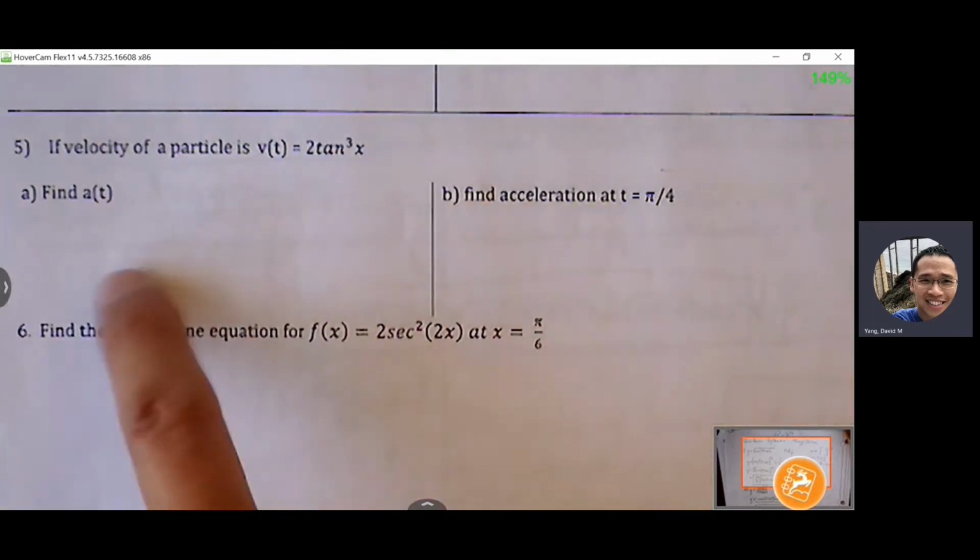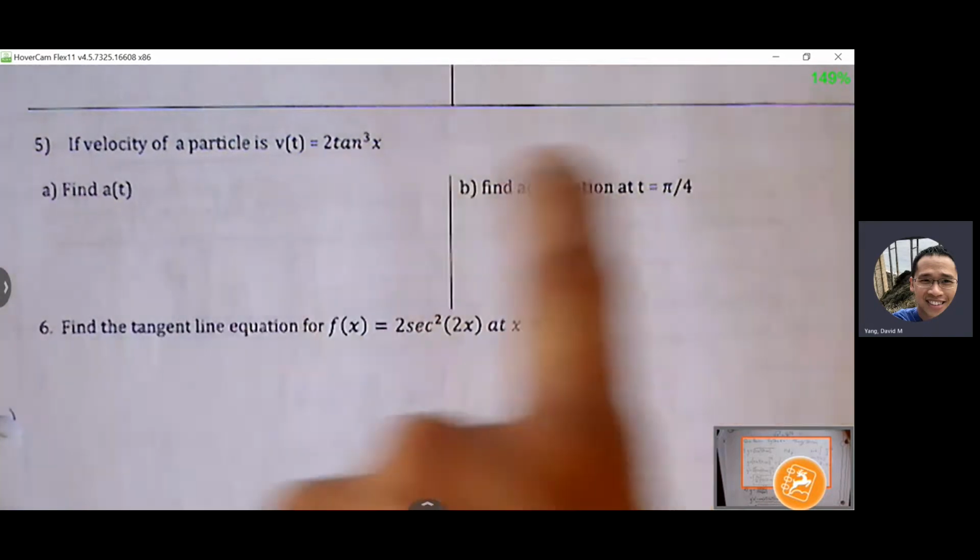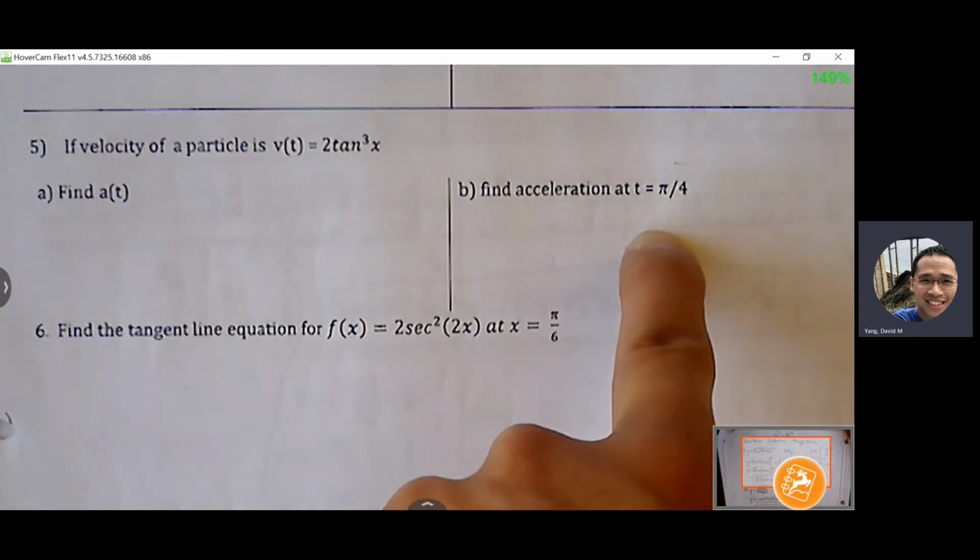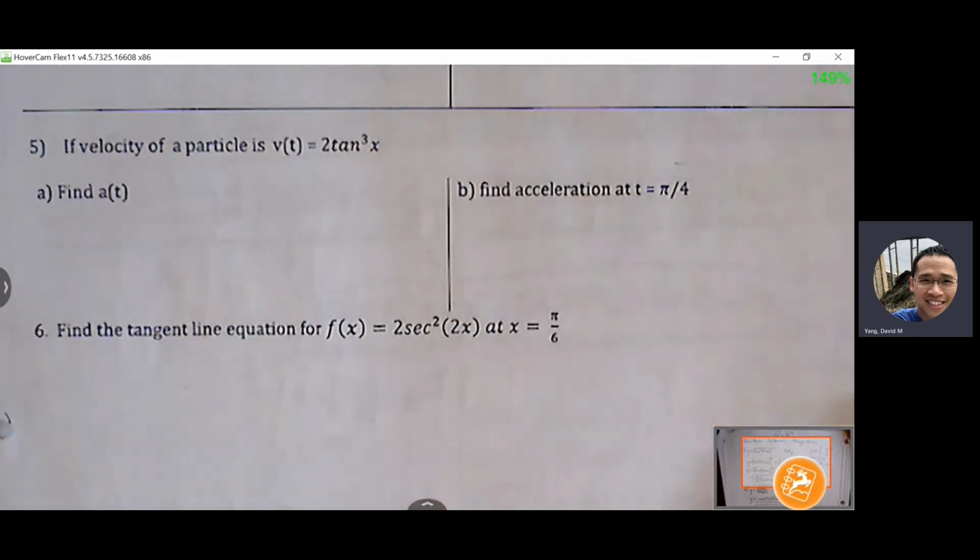Once you go through chain rule, you'll be able to get to acceleration. And then once you get to acceleration, you can replace all the t values with pi over 4. And that's why I wanted to review unit circles so that you'll be able to kind of practice evaluating with unit circle values.